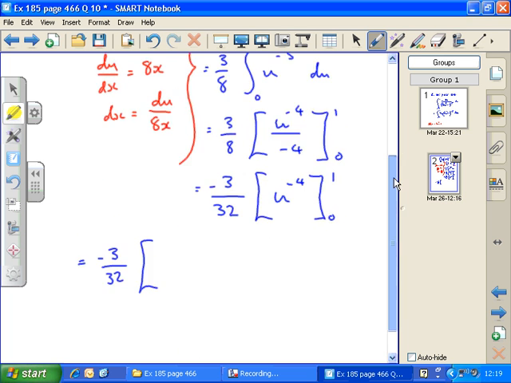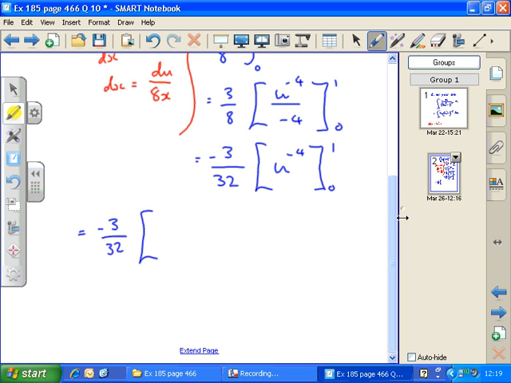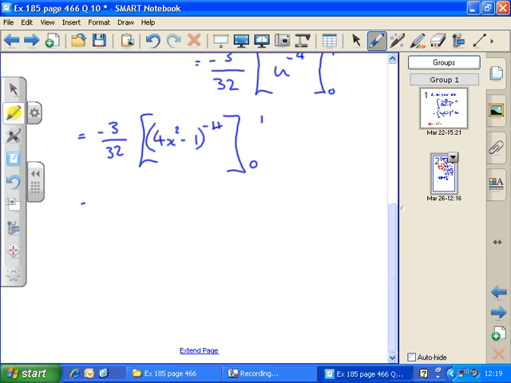u, which was 4x squared minus 1, all to the power minus 4, between 0 and 1. So I can think of this as minus 3 over 32 times 1 over (4x squared minus 1) to the power 4, between 0 and 1.